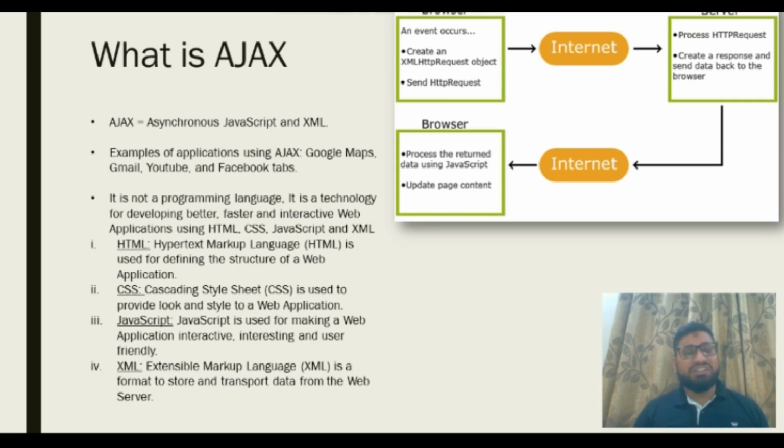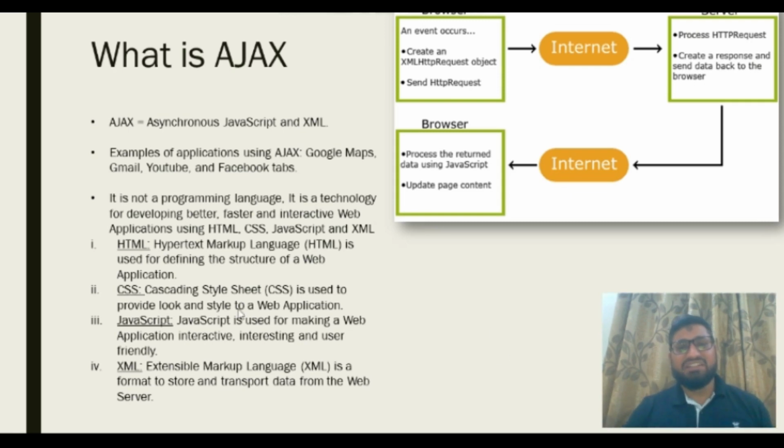HTML we have already studied, that is hypertext markup language. CSS is one part of HTML to provide a better look to your web application. JavaScript is again concerned with HTML, used for making web applications interactive, interesting and user friendly, and XML is nothing but extensible markup language.